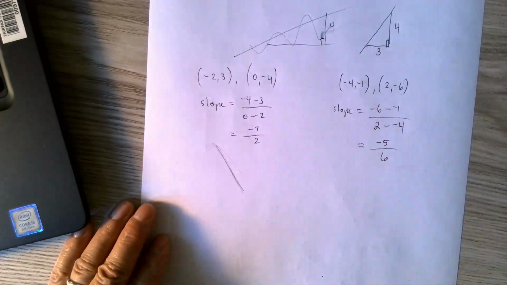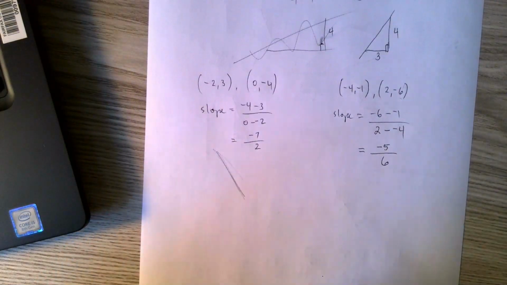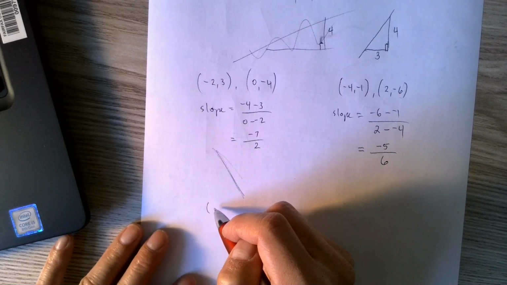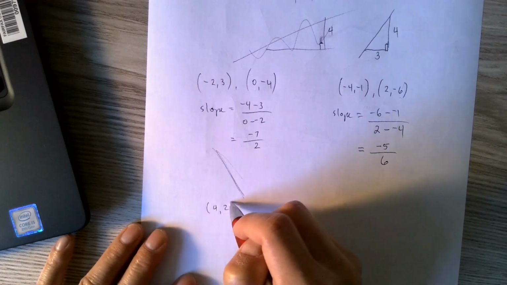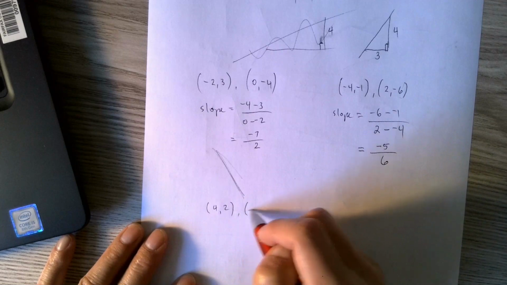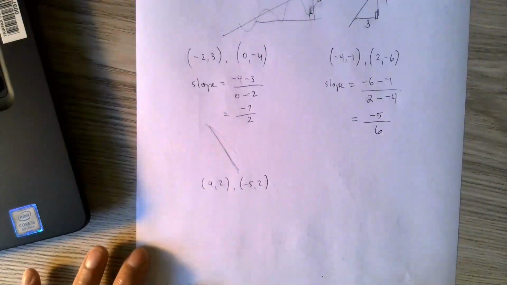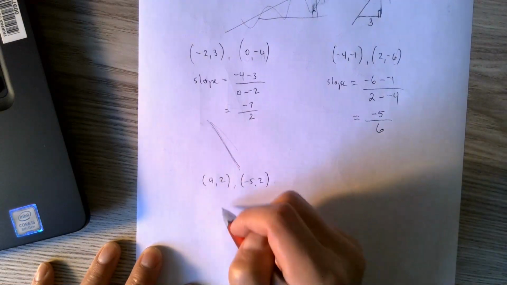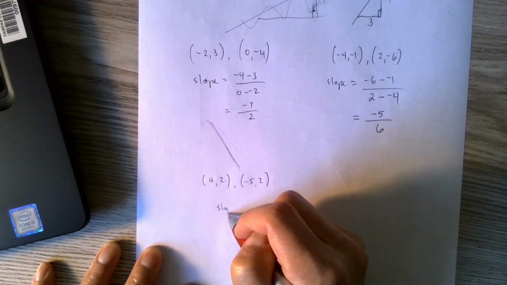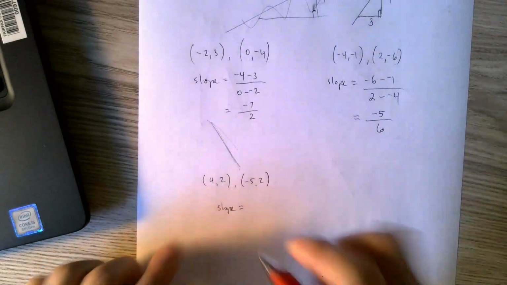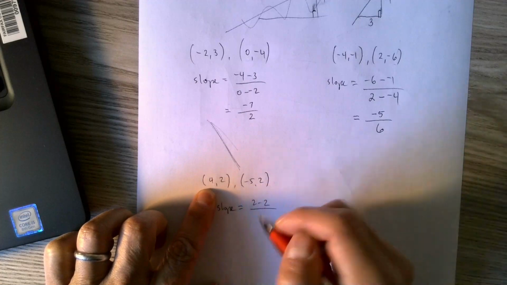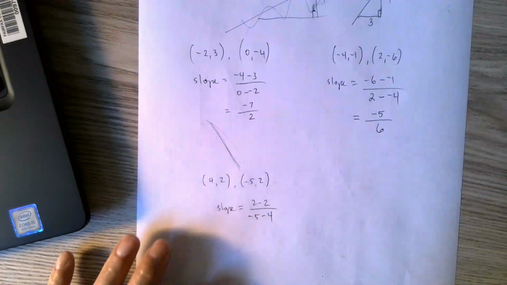And just so you see that this formula for finding slope also works with horizontal lines and vertical lines. Let's say these are the 2 points you have. y2 minus y1 is 2 minus 2, and x2 minus x1 is negative 5 minus 4.